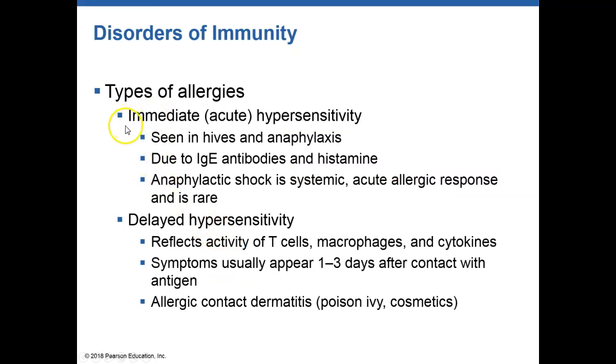An immediate acute hypersensitivity is a severe response to some allergen. So one example is hives. If you've ever had hives, they're large bumps that form all over your body in response to some type of an allergy.